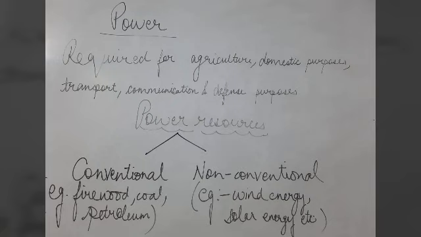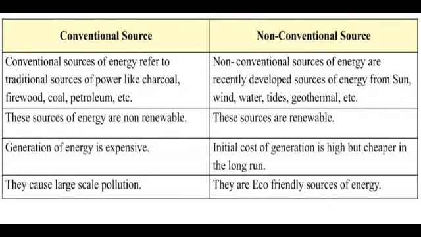Examples of conventional sources are firewood, coal, petroleum, and non-conventional sources of energy include wind energy, solar energy, hydel energy, geothermal energy, etc. Now we will try to understand the differences between them.